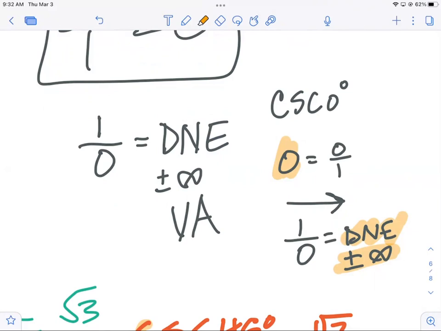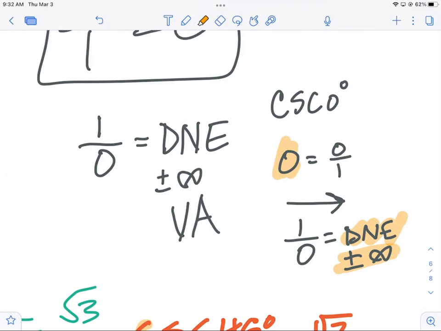Some type of infinity. Very good. What's the reciprocal of infinity? 0. And what's the reciprocal of 0? Infinity. Now, when we quiz over this, don't put infinity because I don't know if it's positive infinity or negative infinity. It could be one of each. So we just put DNE.